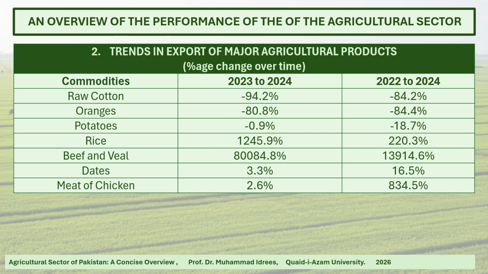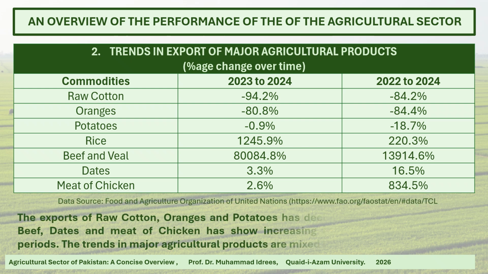There is a substantial percentage decline in the exports of raw cotton. Same is true for oranges and potatoes as well, though for potato, the percentage decrease is not so high. On the other hand, there is a positive trend for rice, beef and veal, dates, and meat of chicken.